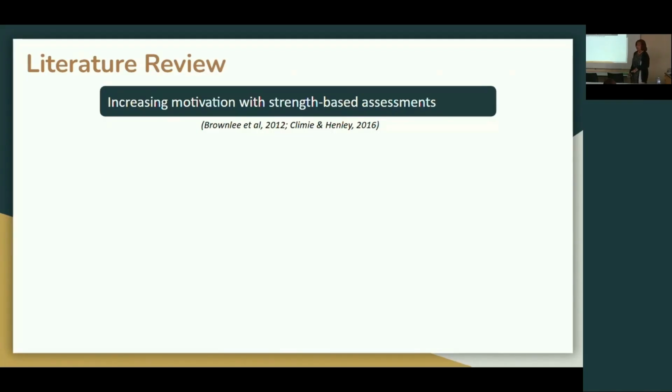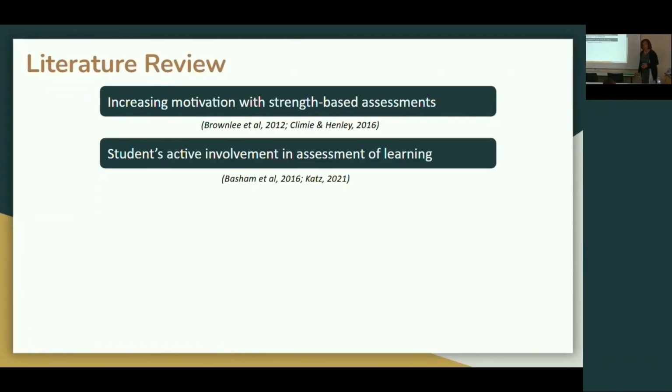However, Brownlee's study found that when students have the opportunity to co-create their own strength-based learning profiles or learning plans, they increase their awareness of their learning skills and abilities. And also, Kate and Basham found that when students are involved in the assessment process, they have a deeper understanding of their strengths and needs.